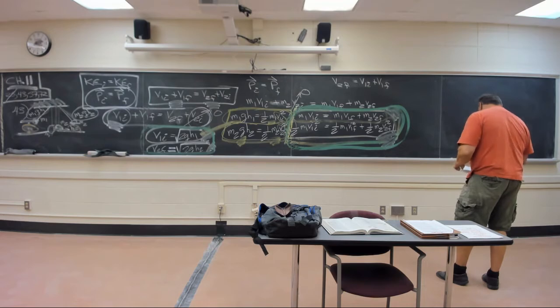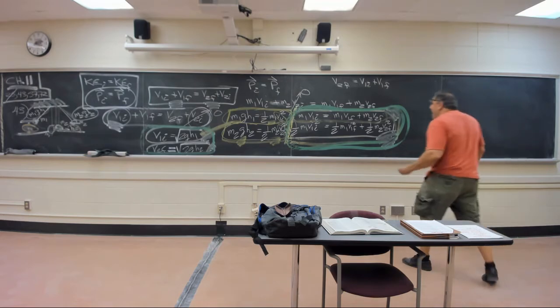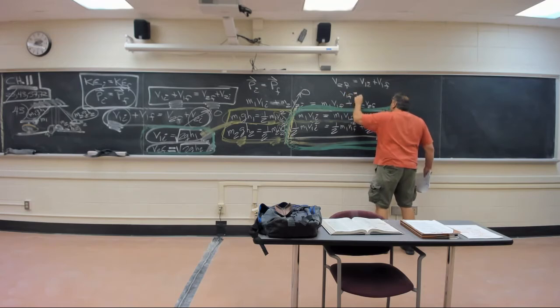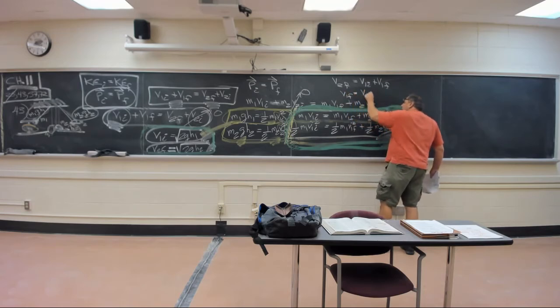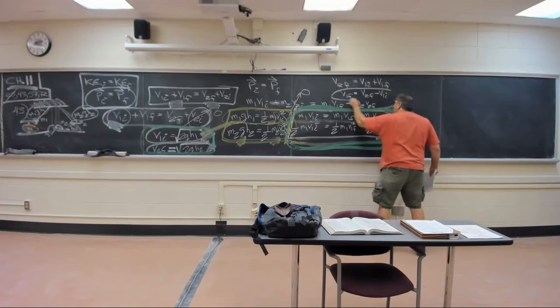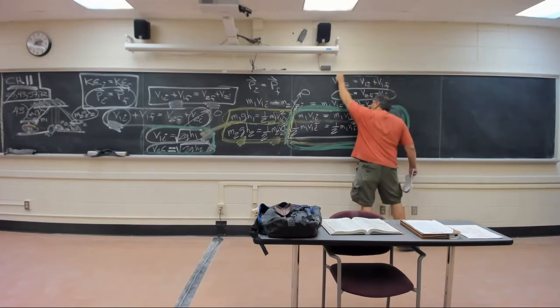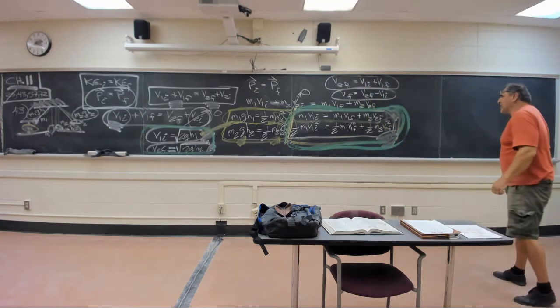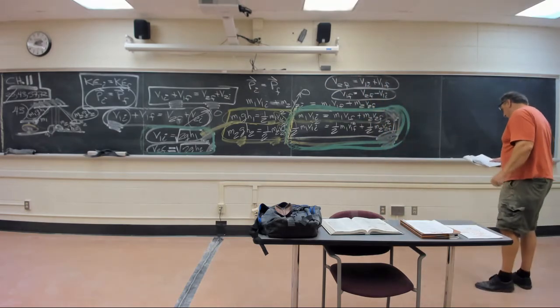From there, you can solve for V1F. I'm trying to go with some of the data I did generate. You can write it like this, like that, or yet another way. We don't care too much now.